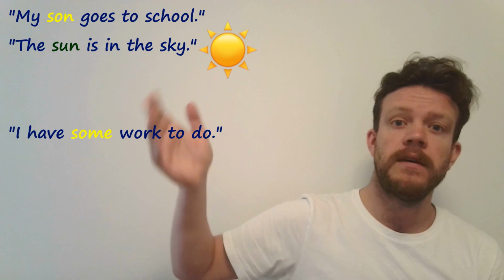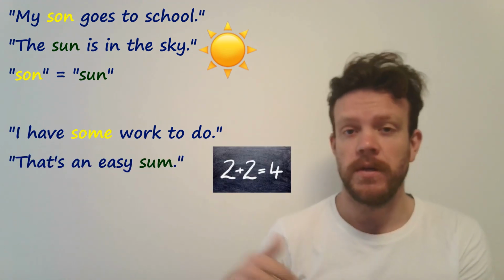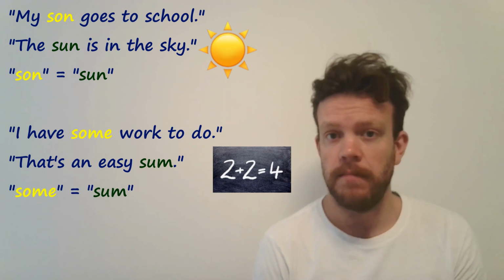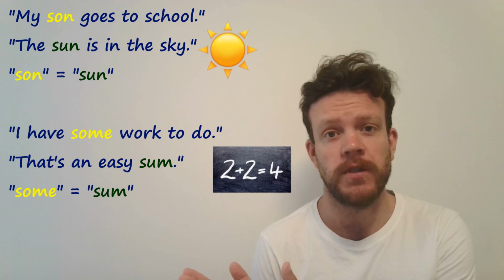In the sky, the sun. My son, same sound. My son goes to school. And here, a maths sum, 2 plus 2. Sum, it's the same sound. I have some work to do.